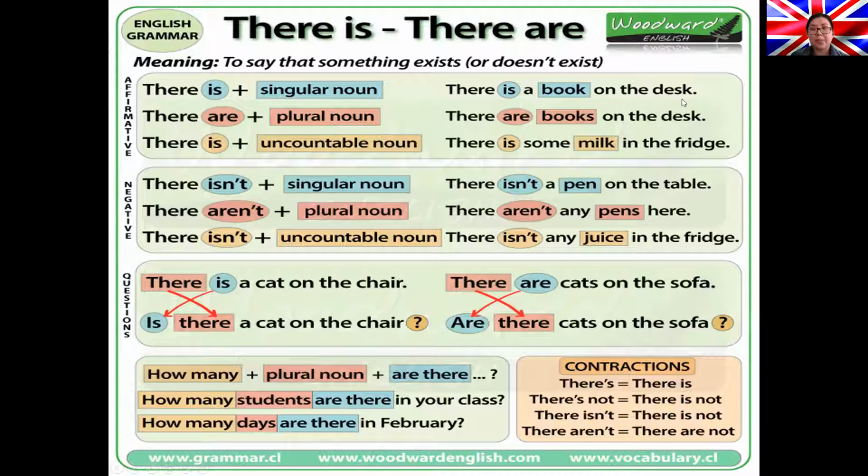There is a book on the table. There are books on the table. And then, there is some milk in the fridge. This is the affirmative form. Negative form: there isn't plus singular noun, there aren't plus plural noun, and there isn't plus uncountable noun.